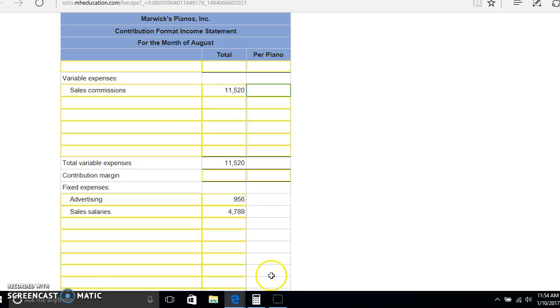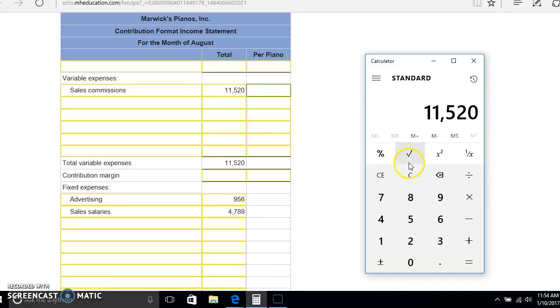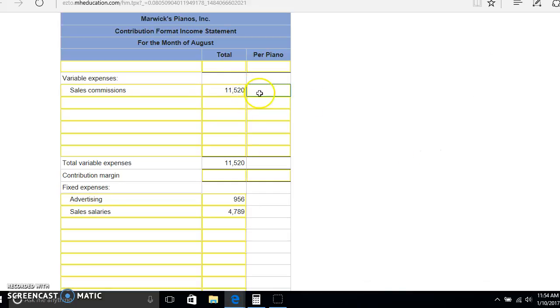Now it wants to know how much it was per piano. So if I take this 11,520 and divide it by the 60 pianos that we sold, it's 192. Okay. So then our next expense is the delivery of pianos to customers. Obviously, that's going to be a variable expense. You're not going to have that charge if you sold 0 pianos.